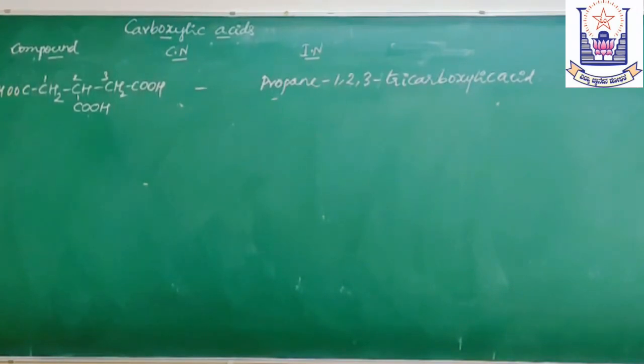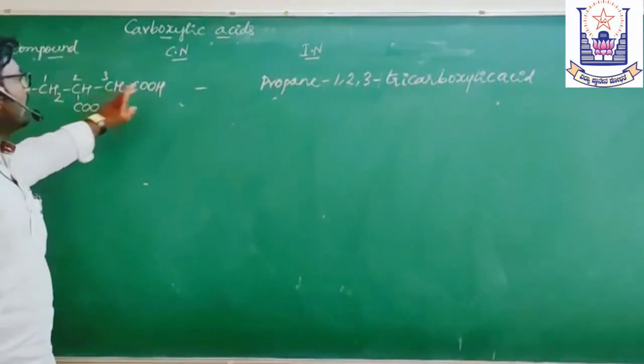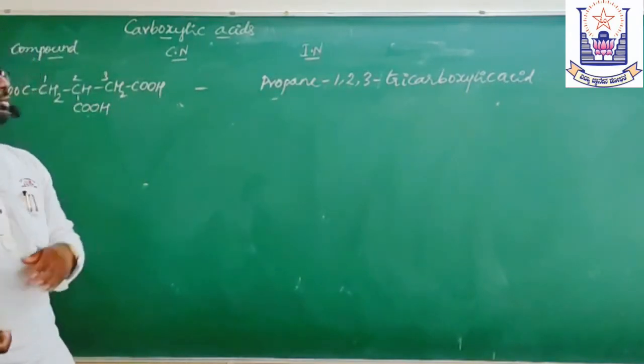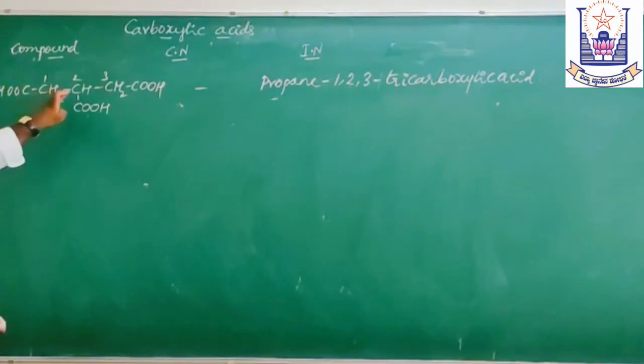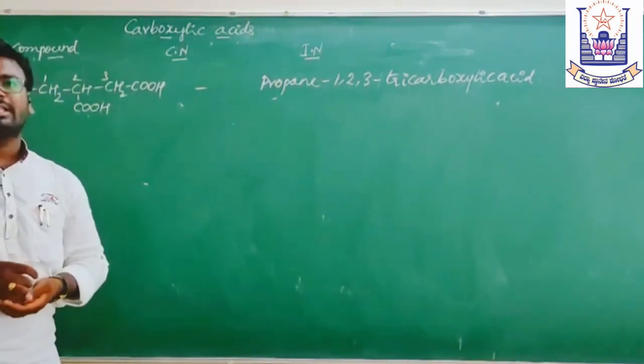When it is counted, for example, in case of ethanoic acid, that carbon of COOH group is considered, numbered. Okay. Here it is not numbered and not considered. That is why COOH is called as carboxylic acid. Like that, we have 3 carboxylic acids, so therefore it is tricarboxylic acid. Now, what is the IUPAC name of this compound? Propane 1, 2, 3 tricarboxylic acid.